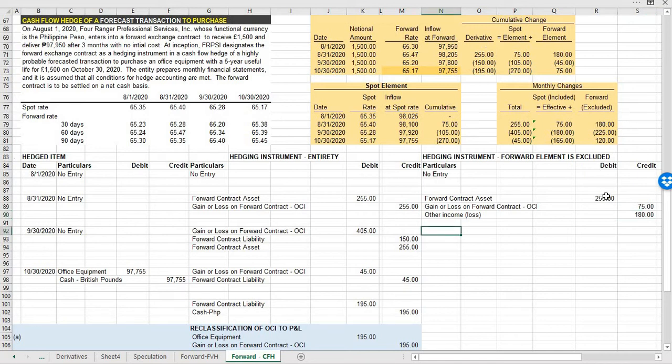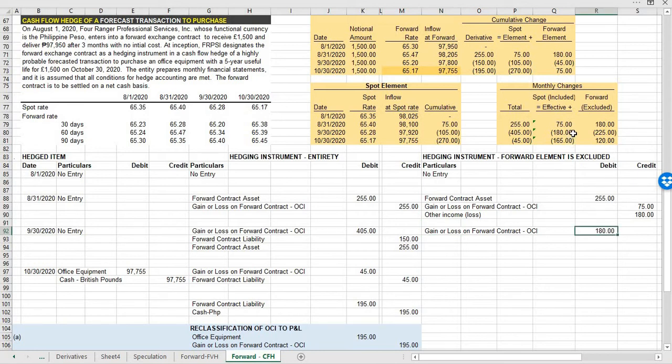So, on September 30, 2020, sabi niya, nagkaroon tayo ng decrease in the spot element. So, loss ito. At decrease din in the forward element na 225. So, loss din ito. Pero for the 180, this will be in other comprehensive loss. Ito naman, P&L. So, ang ating journal entry would be debit gain or loss on a forward contract, OCI, that is 180.